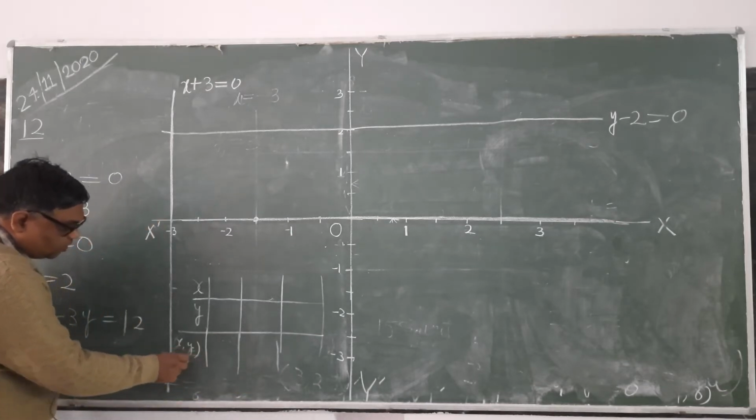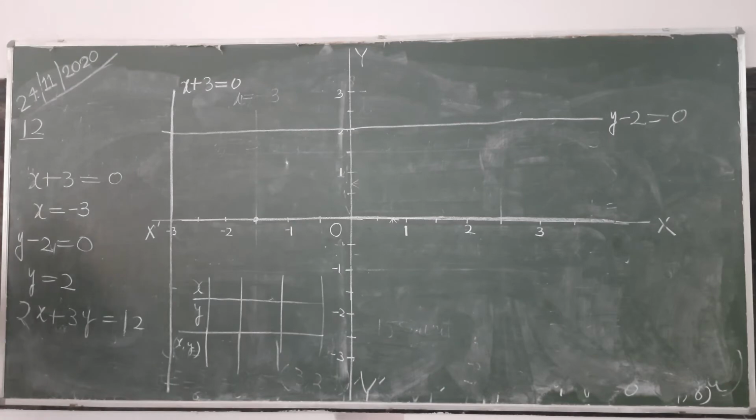So see here, first you make the subject 3y equals to 12 minus 2x. So y equals to what? 12 minus 2x upon 3.